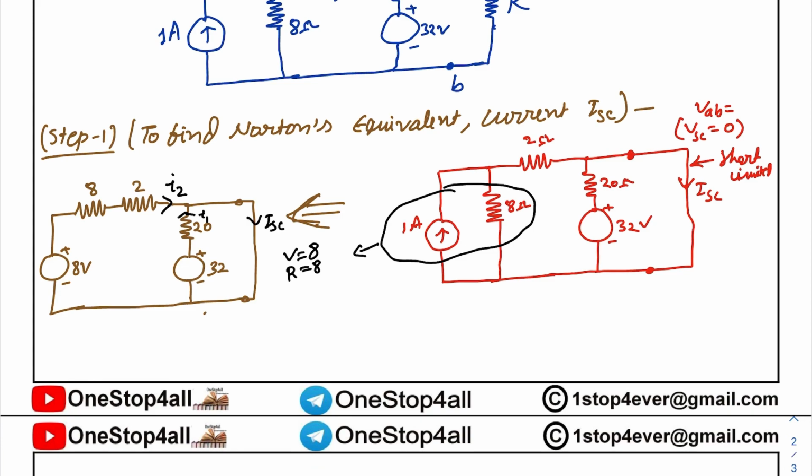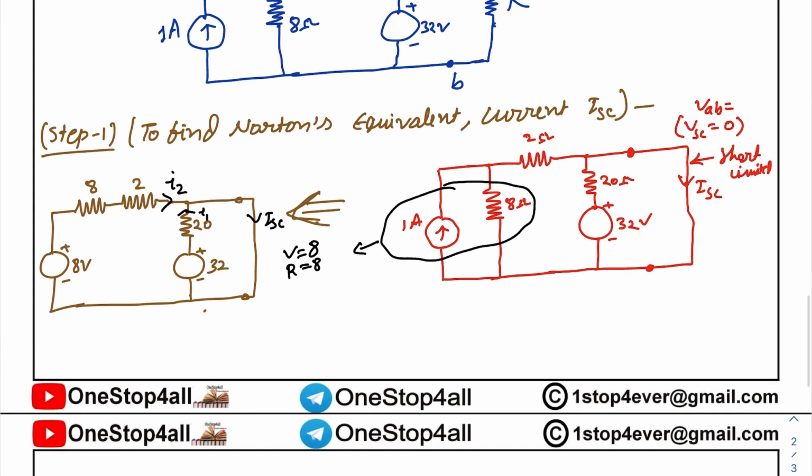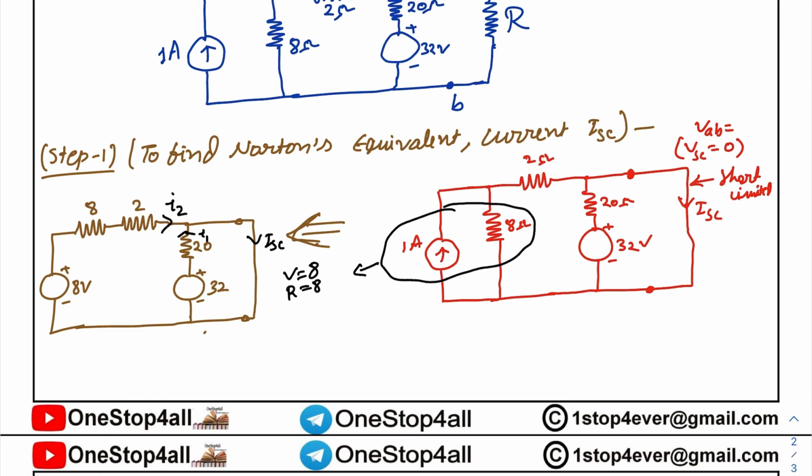Okay. So now in this, how we will solve the current? There is a simple method. Simple method is what? Tell me. I1 is there, na? I1, I2, and this is your ISC. Okay. How to find out I2?